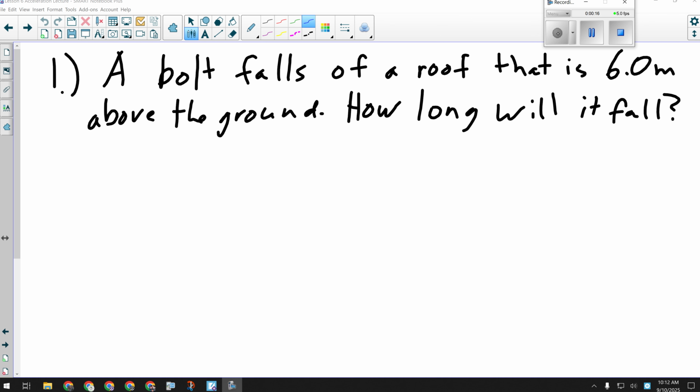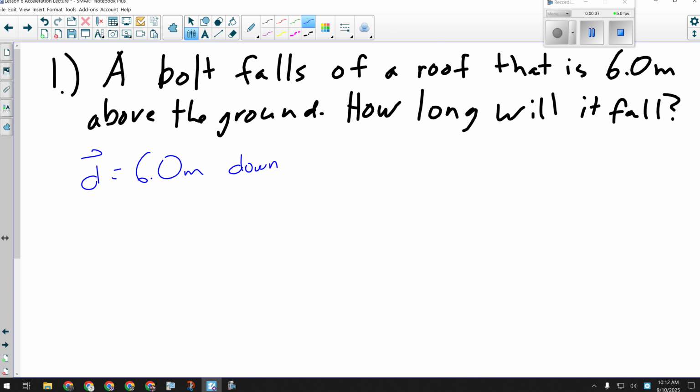So the reason I put one up like this is it's a really short stem of a question, and it doesn't really outright give you anything except the displacement of the bolt. Okay, so we do know that the displacement of the bolt is 6.0 meters, and well, in the direction things generally fall down.